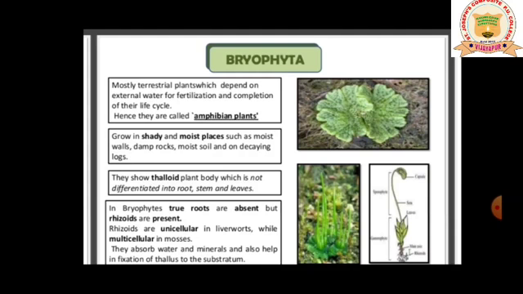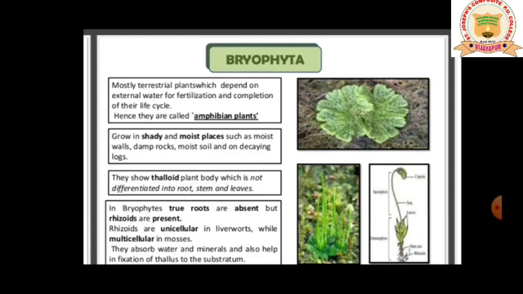Bryophyta includes the various mosses, mostly terrestrial. The Bryophyta are terrestrial plants which depend on external water for fertilization and completion of their life cycle. Hence, they are termed the amphibians of the plant kingdom.